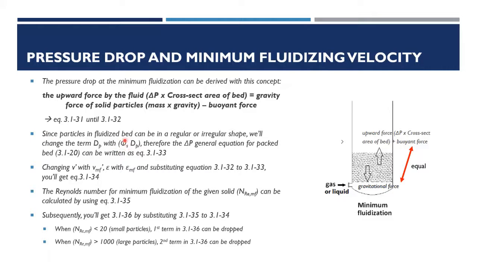You still remember, right? This is the sphericity coefficient. Since we don't know whether the particle is spherical, cylindrical, or irregular in shape, we change dp to phi s dp. So we can see that the general equation for delta P is written in equation 3.133.